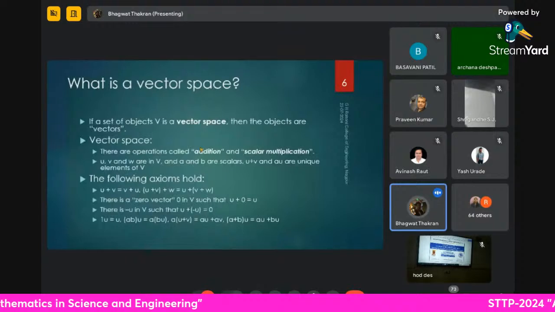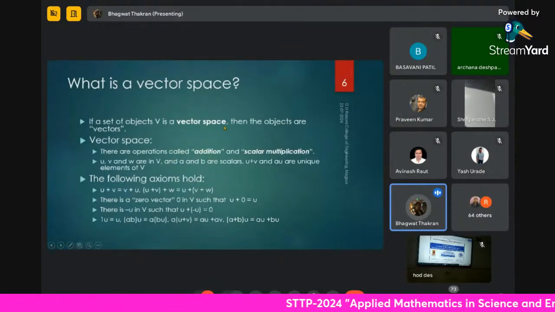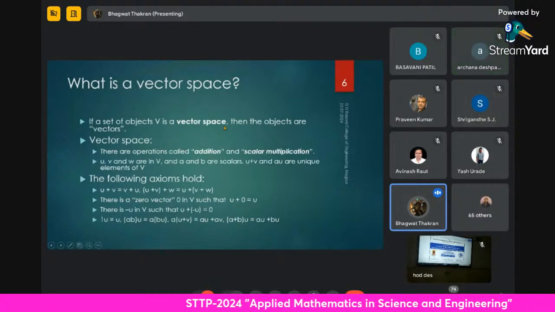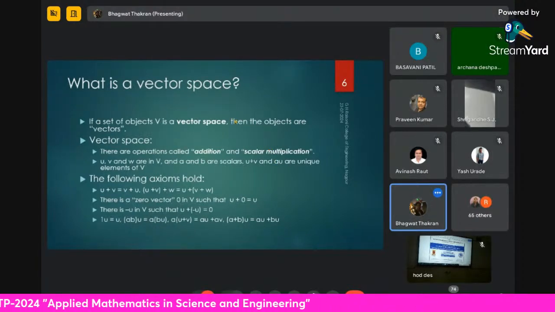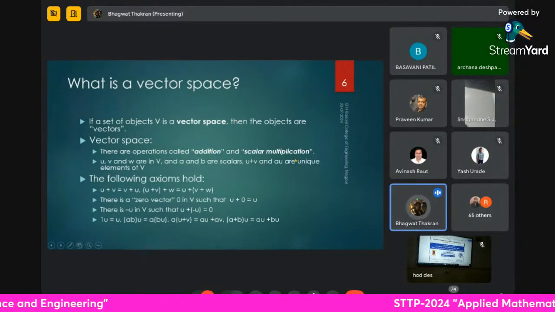So it's just a simple definition. It simply says that if a set of objects is a vector space, then these objects hold addition and scalar multiplication.